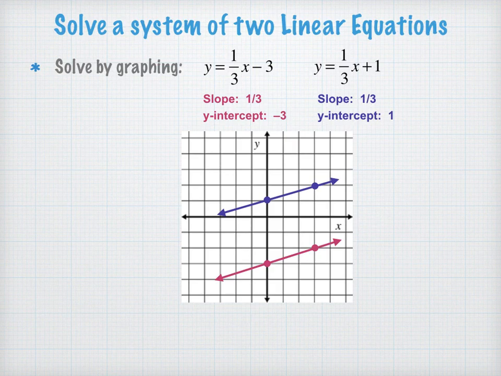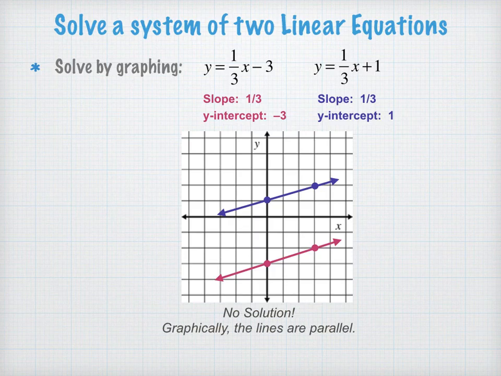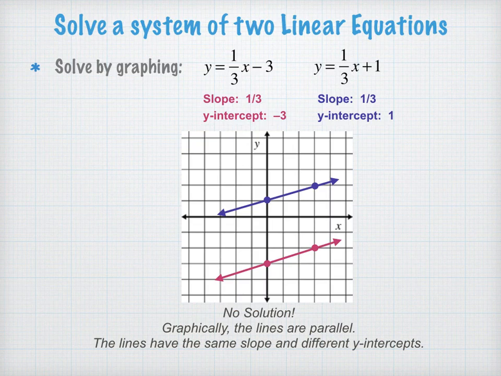Remember that the solution to the system of equations is the point at which the lines intersect. There is no solution to this system. So graphically, we know that there will be no solution if the lines are parallel, and algebraically, the lines will have the same slope and different y-intercepts. So that's an example of a system of equations with no solution.